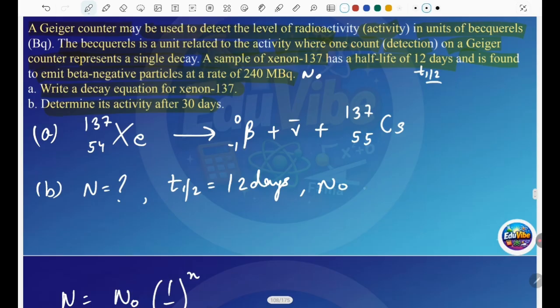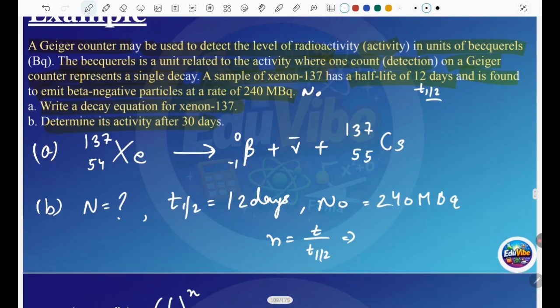You have N0, which is 240 MBq. So you can find the N from here. To find the N, you have T upon T half. What is T? This is the elapsed time given to you, so 30. The half-life is 12. So you can cancel this if you want, and you get about 10 divided by 4, which is again 5 by 2.